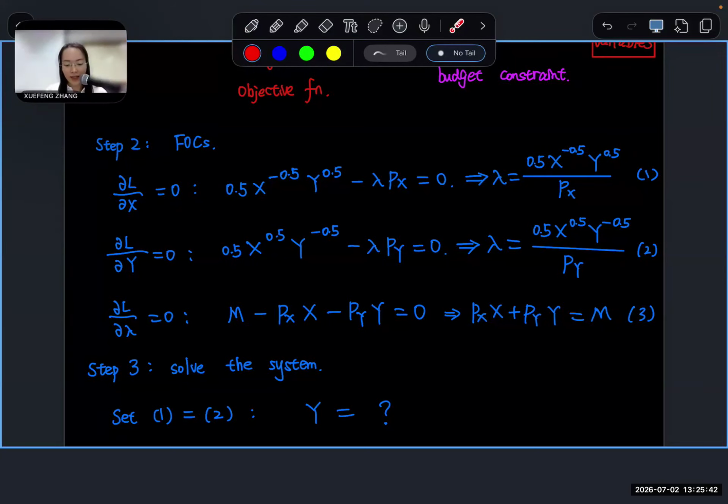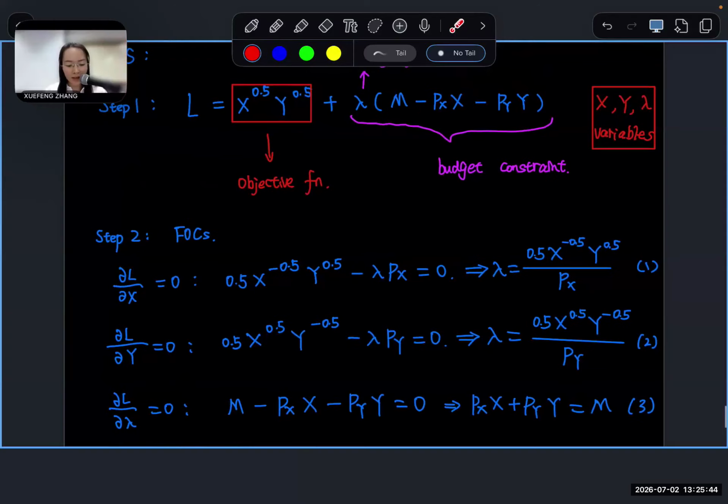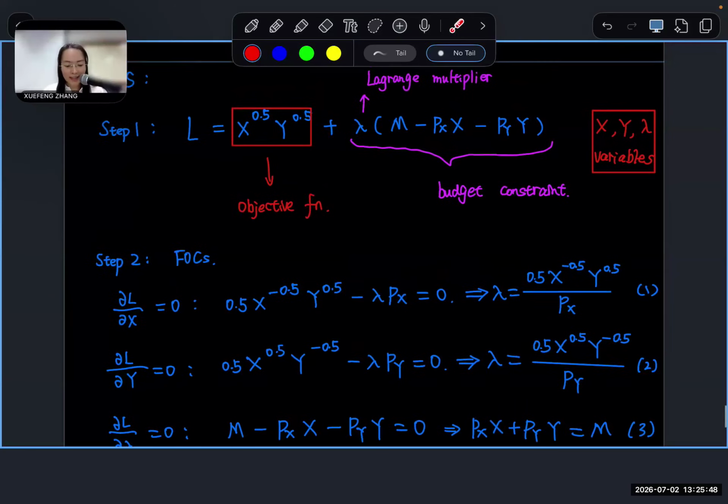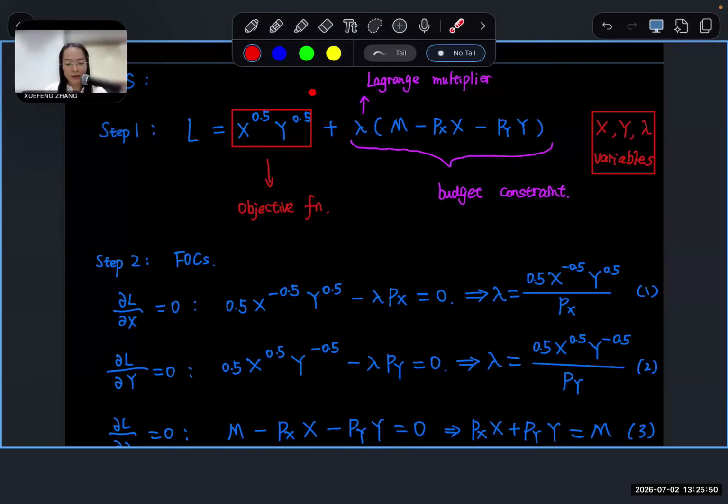Here is how we get it, right? If we take the first order condition for x, that means we're going to treat variable y and variable lambda as a constant, okay? Constant in mathematics just means they are numbers, okay? So assume that we know it.